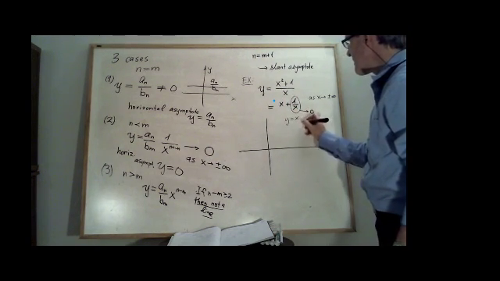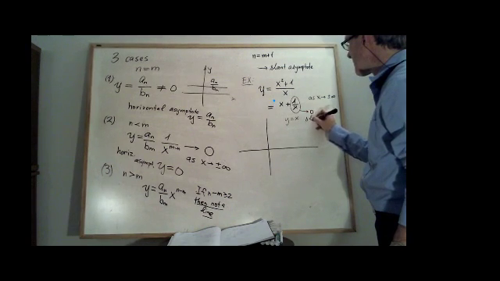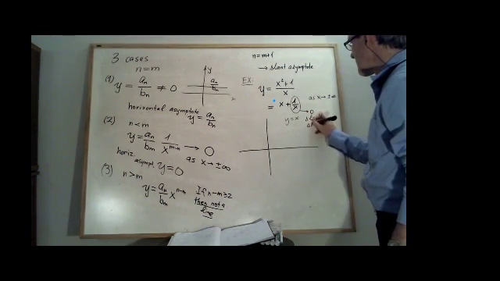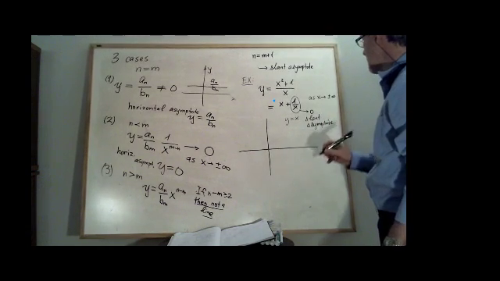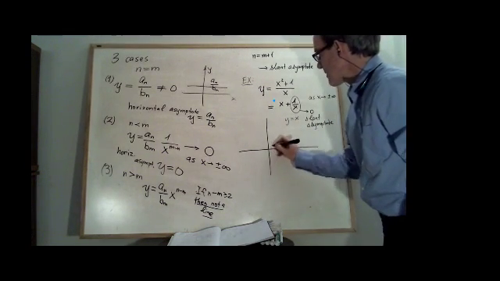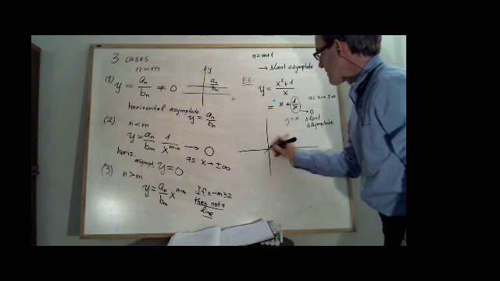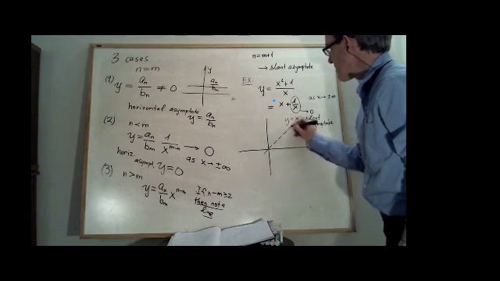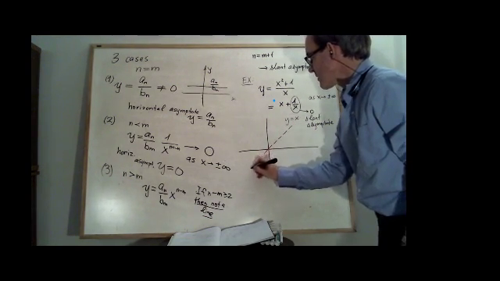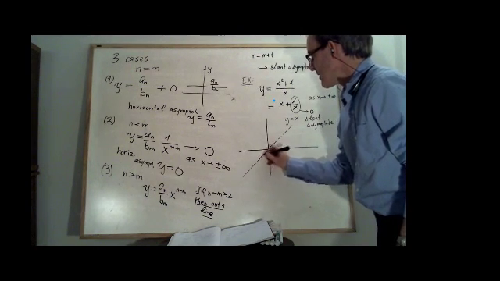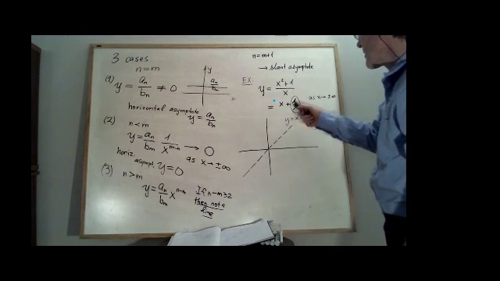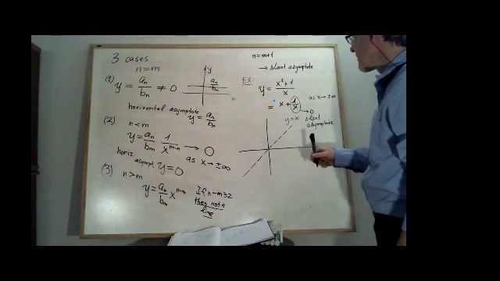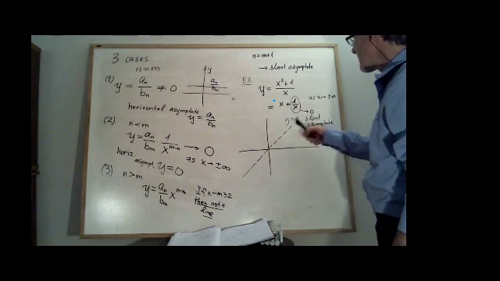So this is my slant asymptote. Okay, so we draw that in here. I'll draw it as a dashed line to show that it's not part of the graph of the function, but the graph of the function will approach that line as x goes off to infinity.